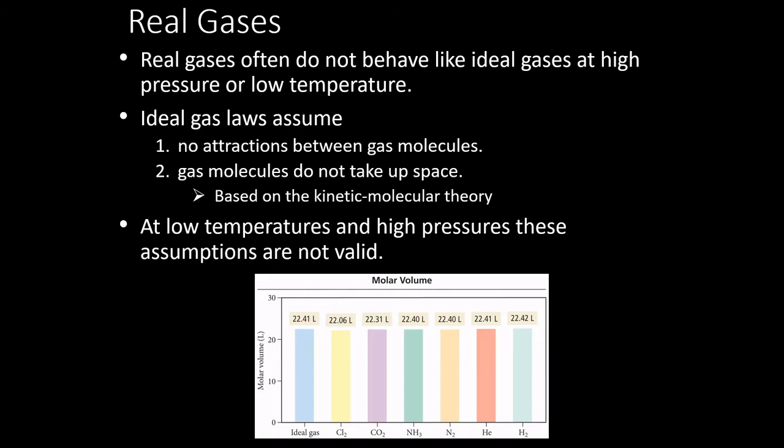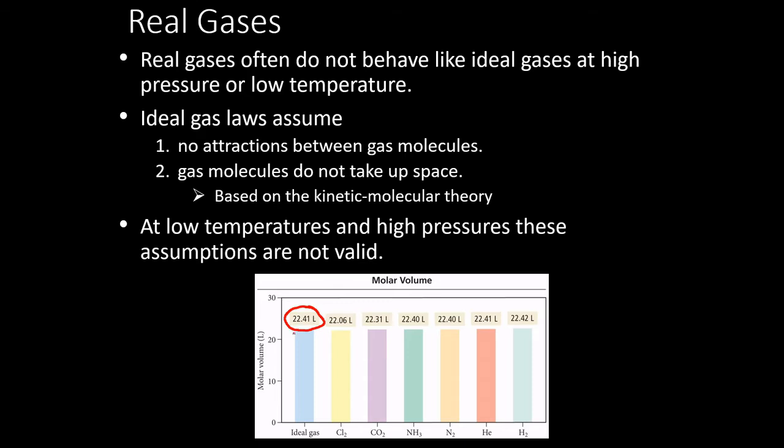So, for example here, when we look at the molar volume, up to this point we've just said that gases, if they're at STP, are going to have a volume of 22.4. We had just cut it off at the 4 before, but technically it's 22.41 liters per mole.